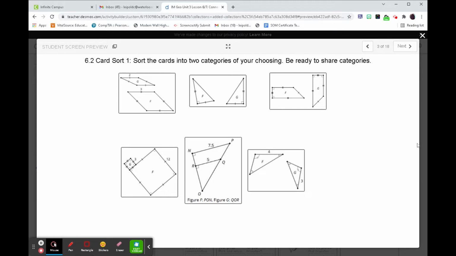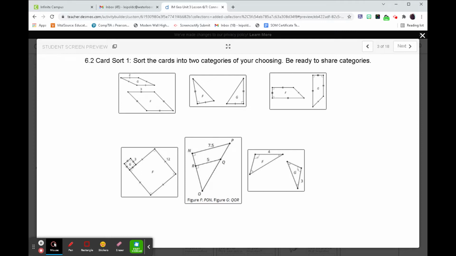If your last name begins with the letters M through R, you're going to do slide 5. And then the rest of you, S through Z, you're going to do slide 7, except for fifth hour students, and everybody has to do slide 7 because there's no one who has a last name that begins with S through Z in fifth period class. So all of you have to do 2.